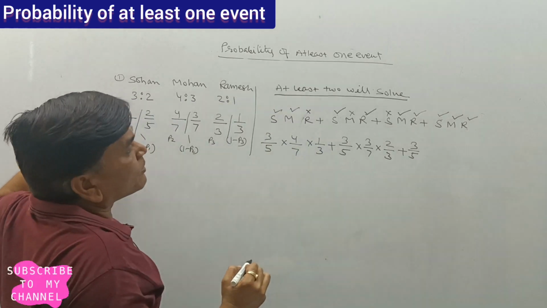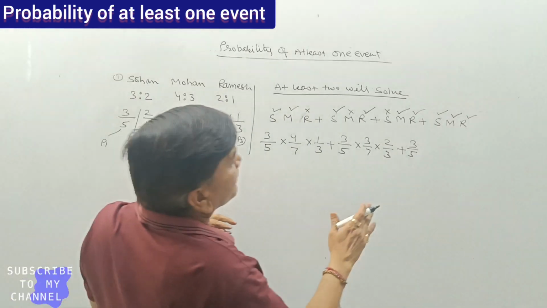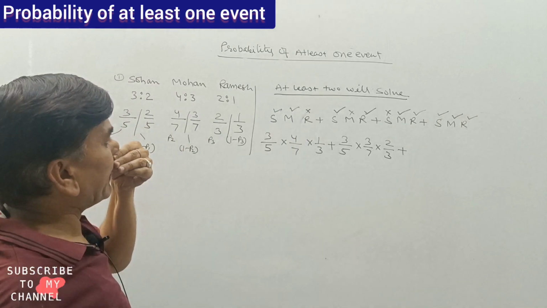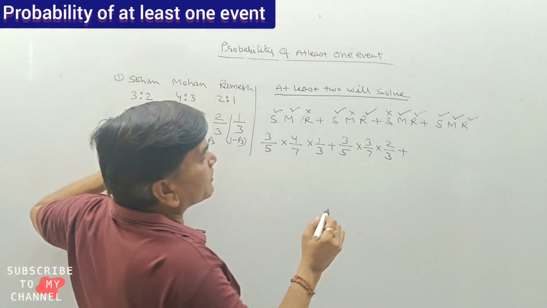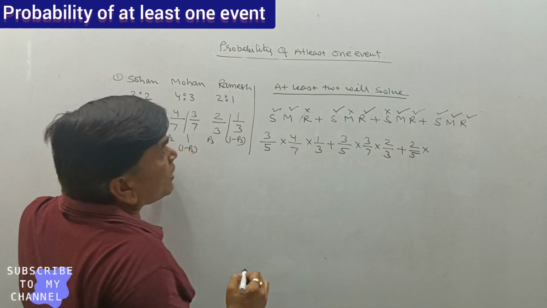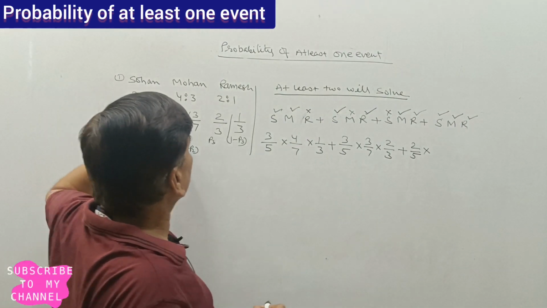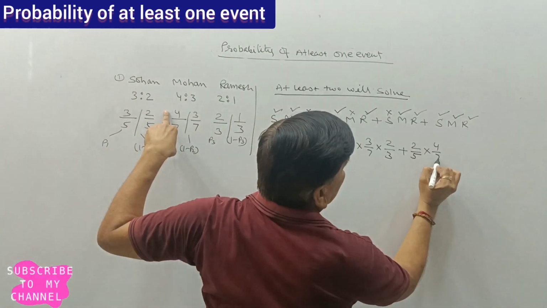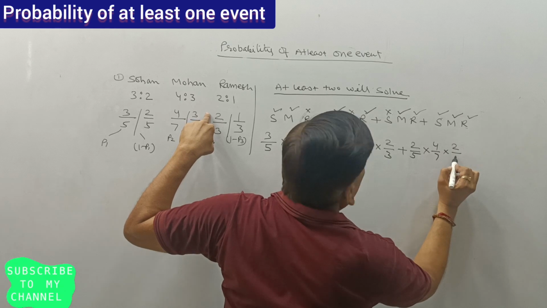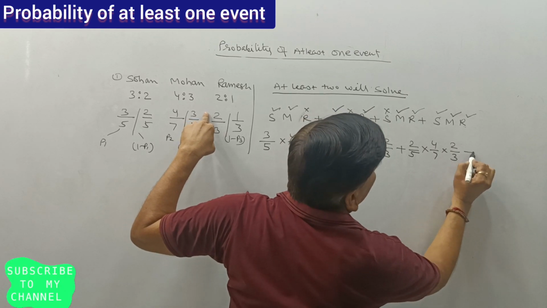Next, probability of not solving by Sohan is 2 upon 5, probability of solving by Mohan is 4 upon 7, and solving by Ramesh is 2 upon 3.